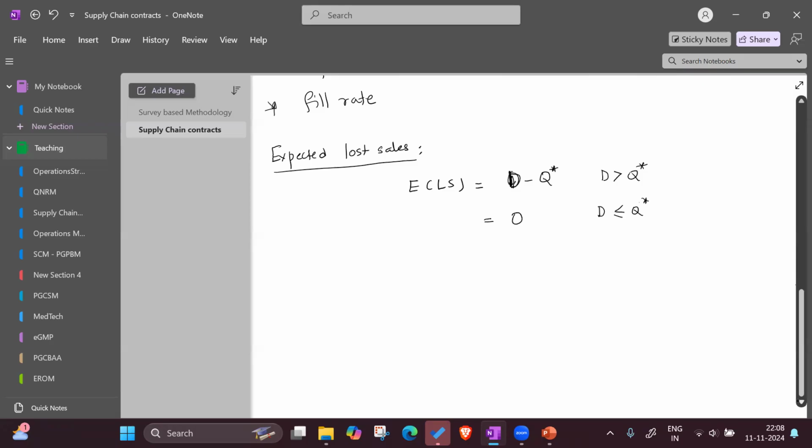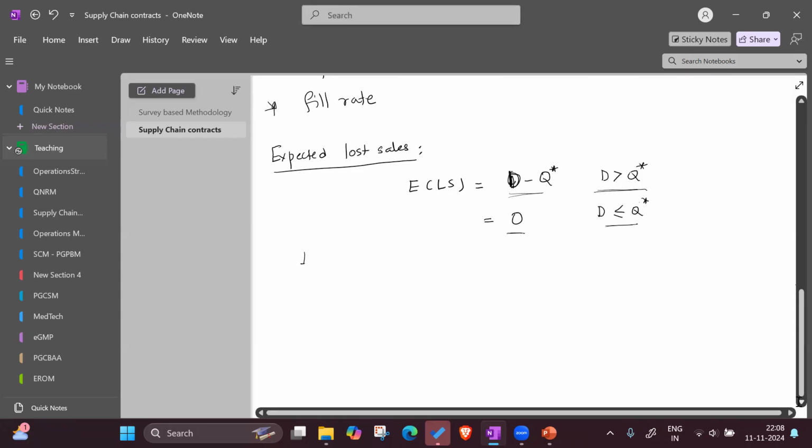Now, remember that the demand is uncertain. That means that with the probability corresponding to this, you will have this much amount of lost sales, and this much of the time you will have zero lost sale.